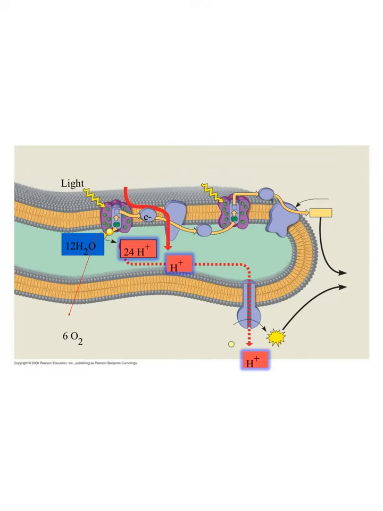Well, here's the really cool thing. Here you've got a charged particle moving from point A to point B. It almost sounds like electrical energy, and we can think of that as electrical kinetic energy. But stuck in that little channel protein, that ATP synthase over here, is what is in essence a rotor.